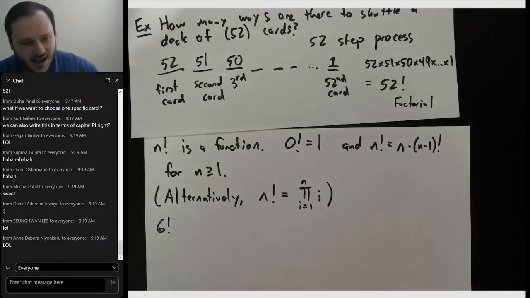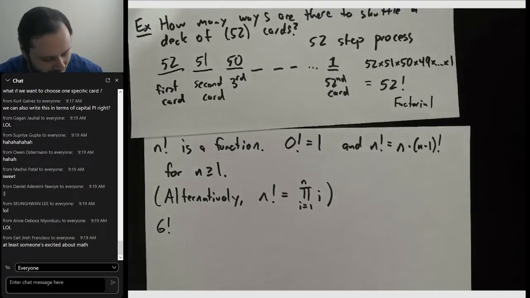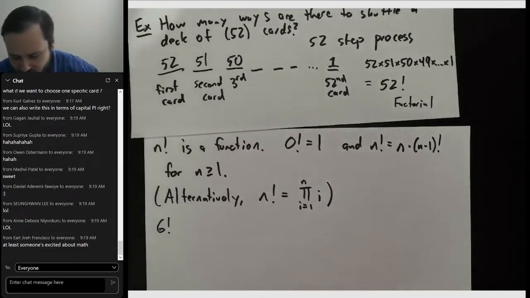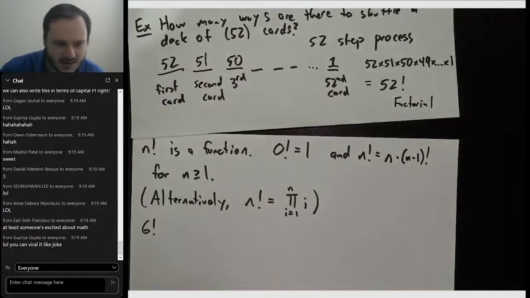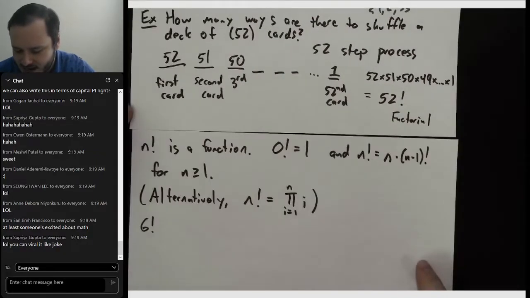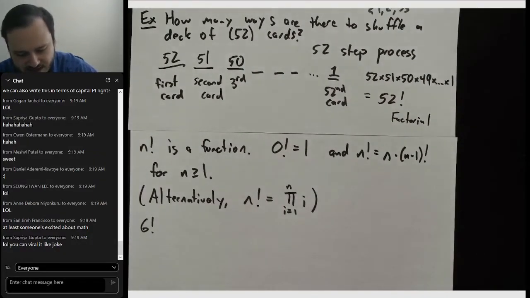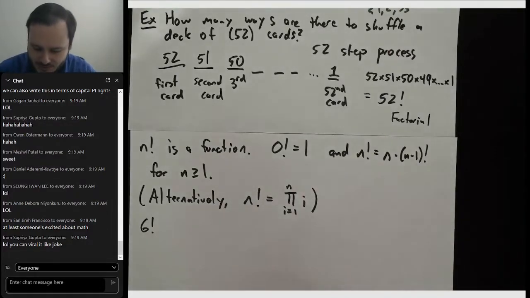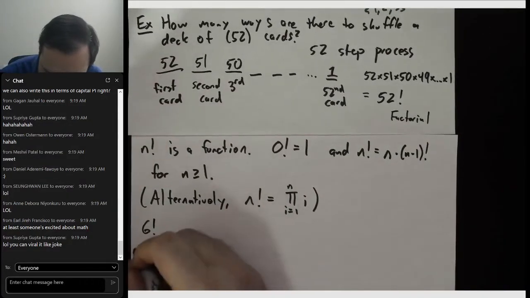Anyway, okay, so factorials, they help us count these things. The things that they help us count, this number of ways to shuffle a deck of cards, has a fancy math-sounding name. It is a permutation.